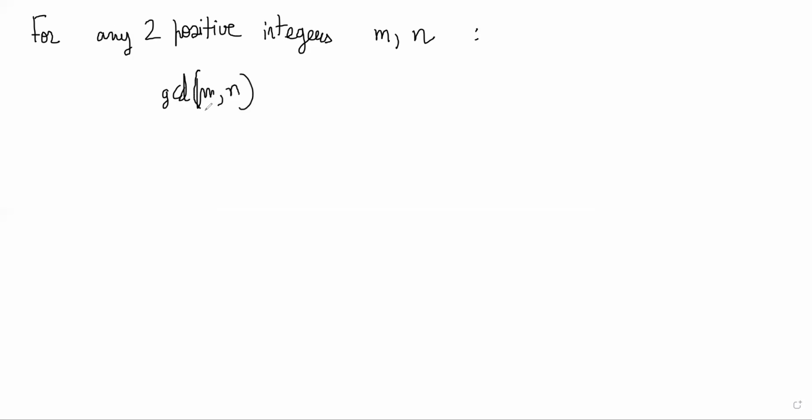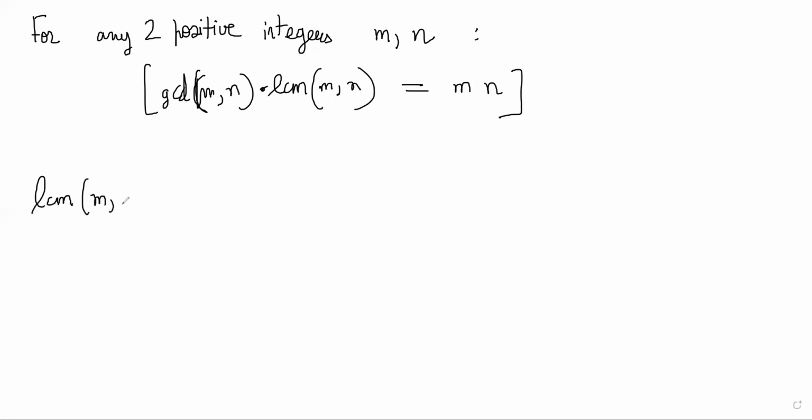Then we look at the standard result that you are probably already aware of for any two positive integers M and N. We have GCD of M and N multiplied by LCM of M and N should be equal to M into N. The reason for this is obvious if you think about the prime factorization of M and N and find out the LCM from there. LCM of two numbers is going to be the higher power of the prime numbers, right?